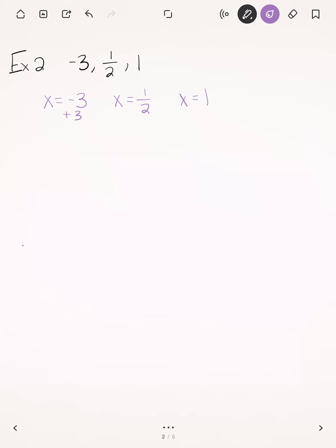From here, I add 3 to both sides to get my first factor, x plus 3. The second one, I'm going to multiply by 2 first. I get 2x equals 1. Then I subtract 1, and I get 2x minus 1. Now I no longer have a fraction. From my third one, I subtract 1, and I get x minus 1.